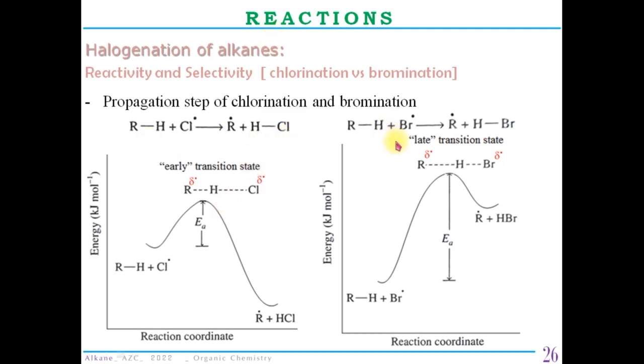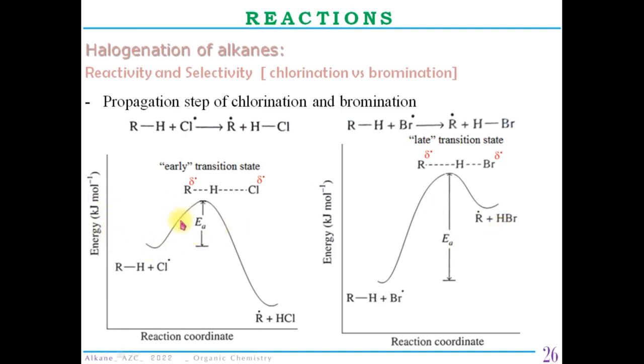In this particular step, if we compare the two diagrams, in chlorination the energy of reactant is higher than the energy of product. So chlorination is an exothermic process, while in bromination the energy of reactant is lower than the energy of product. So bromination is an endothermic process.